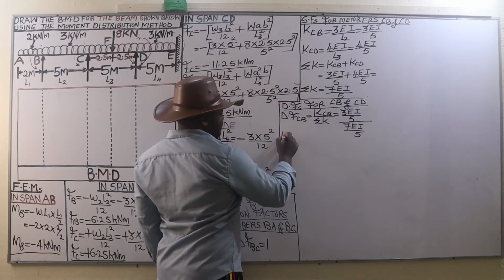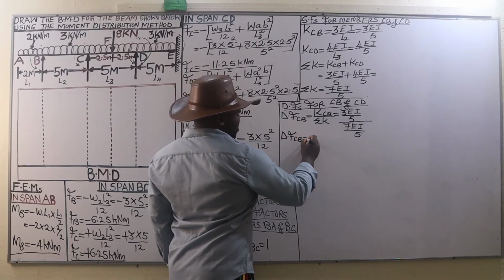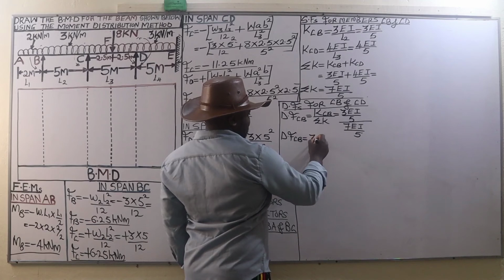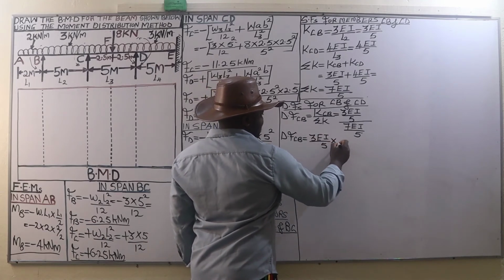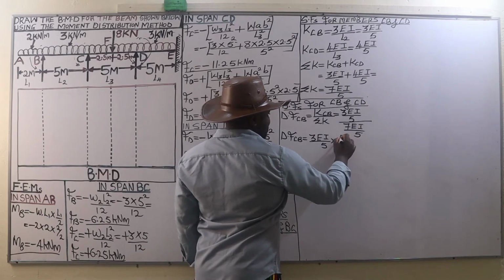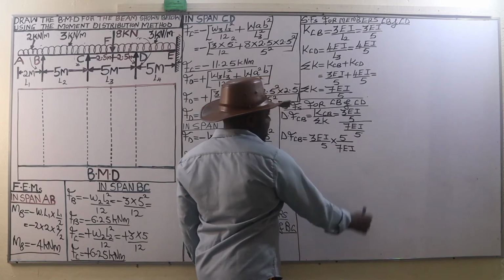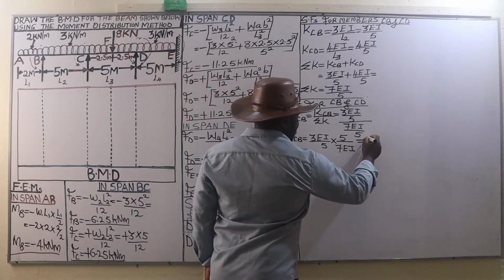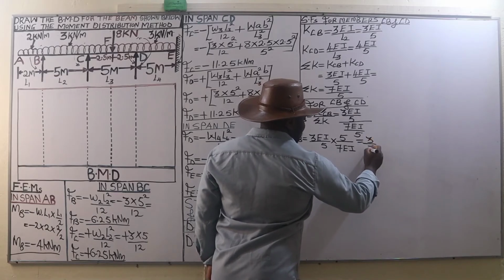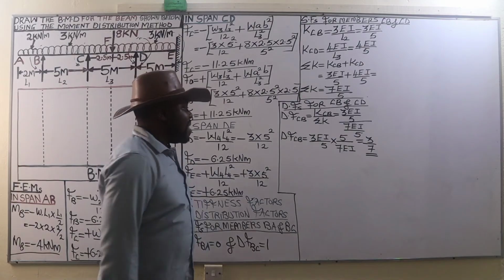So the distribution factor for member CB will be equal to 3EI over 5 times the reciprocal, 5 divided by 7EI. And when we do so, we get a distribution factor of 3 over 7. So that is the distribution factor for member CB.